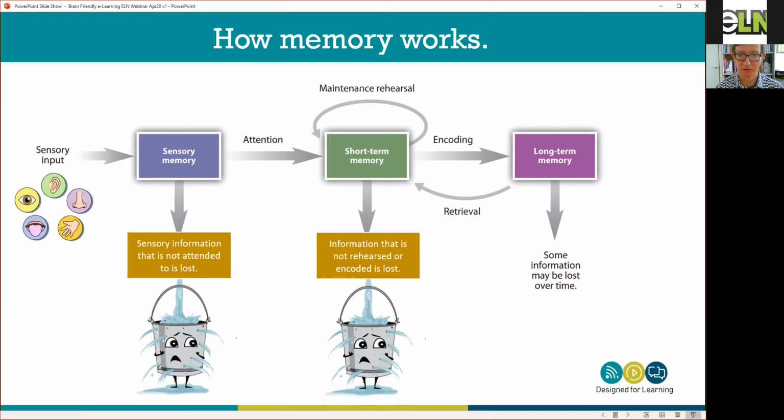So when we talk about learning, we're talking about effectively encoding. And then that goes into long-term memory. And then it's much more likely that we're going to be able to recall it at some point in the future. But even long-term memory will lose things over time. Although it's quite surprising, we actually remember a whole lot of weird different things.